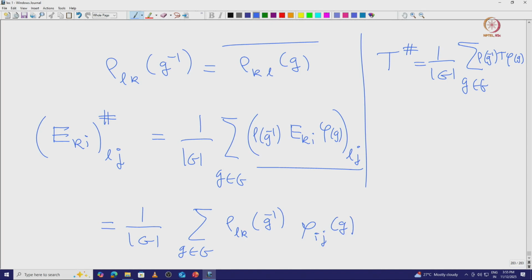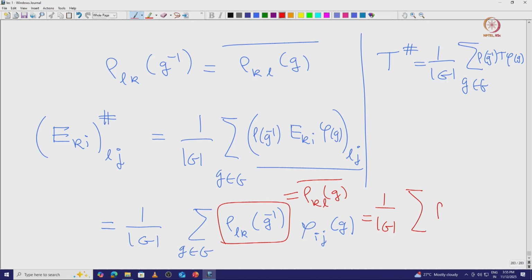But we can substitute this term as rho kl of g bar. So, then if you do that, this is exactly equal to 1 divided by the cardinality of G summation over g in G of rho kl of g bar and phi ij of g, that is what we get.